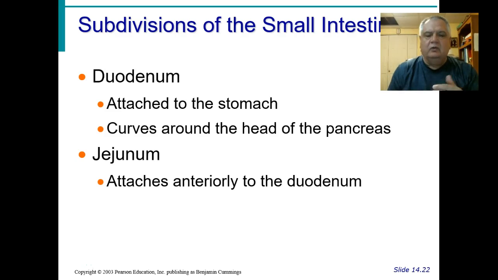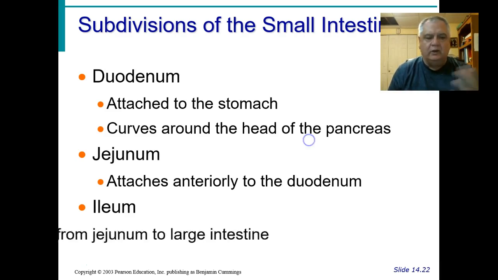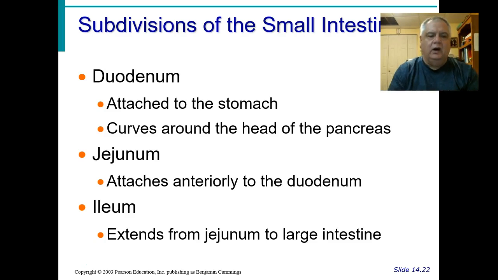So the jejunum is going to be attached anteriorly or above to the duodenum, and then it's going to be attached posteriorly or even below to the ileum. So the ileum, the third subdivision of the small intestine, will extend from the jejunum then on to the next division of the alimentary canal, the large intestine.